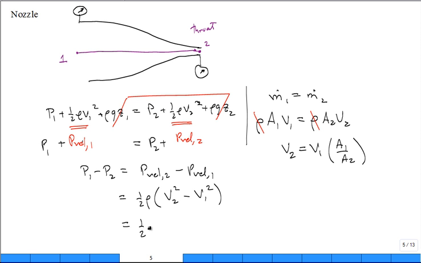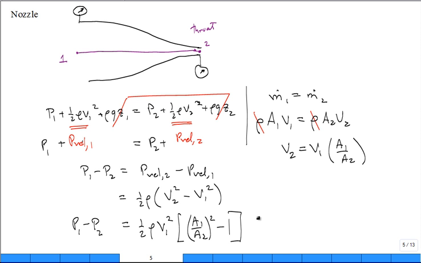That's 1/2 rho V1 squared times ((A1 over A2) squared minus 1). So we can read this. This tells us how much that pressure difference will be. P1 is higher than P2. There'll be a reduction in pressure equal to the velocity pressure at 1, 1/2 rho V1 squared, times this term, (A1 over A2) squared minus 1.